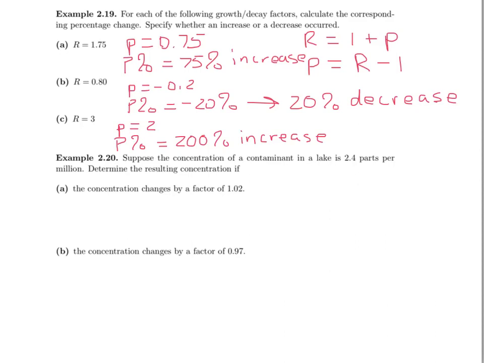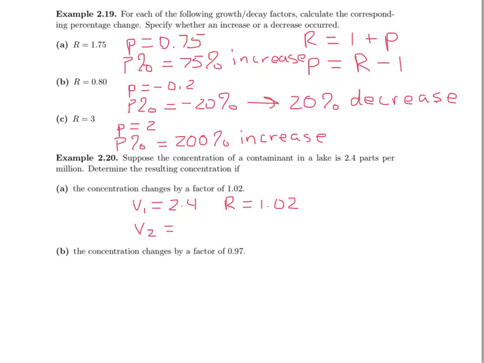We know that the starting concentration in the lake was 2.4 parts per million. That's our starting value. We're told that it grew by a factor of 1.02. We are trying to determine the concentration after the change took place. That's V2.